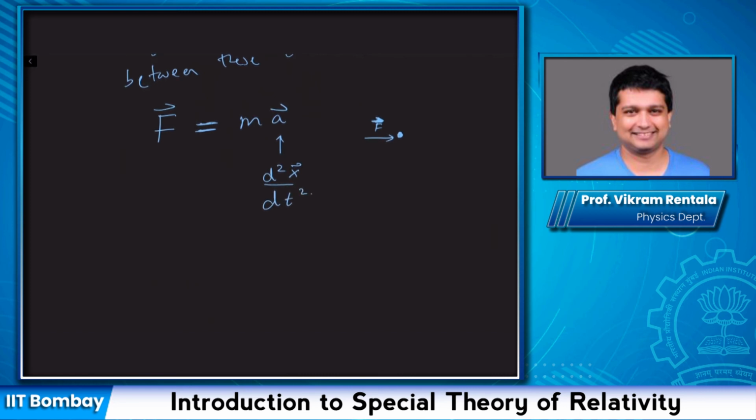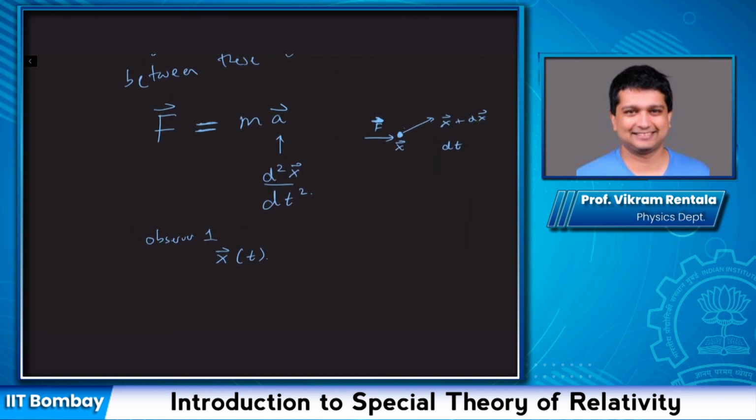d square x by dt square, but this coordinate x is different for different observers. So observer 1 sees x bar as a function of time, and the velocity or the rate of change of this coordinate, this particle is at location x bar, and now it moves to a different coordinate x bar plus dx bar in a time interval dt.